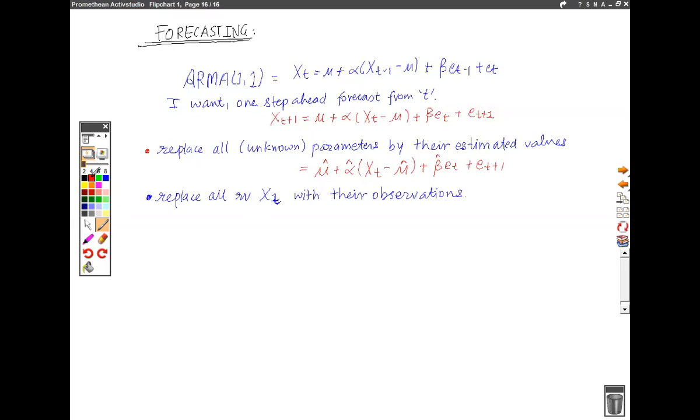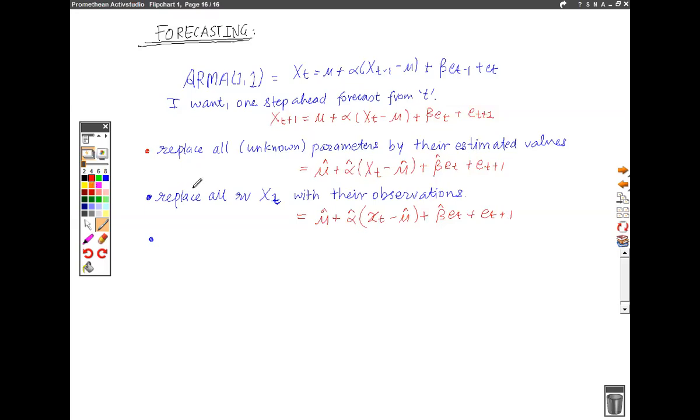So what will I have here is mu hat plus alpha hat times xt minus mu hat, plus beta hat et plus 1, right? Cool. So again, the next step is to replace the random variables that we are looking to forecast with something that I'm going to write now.